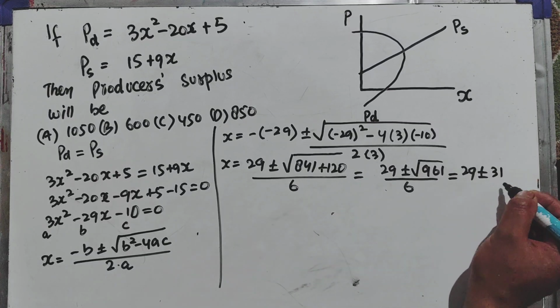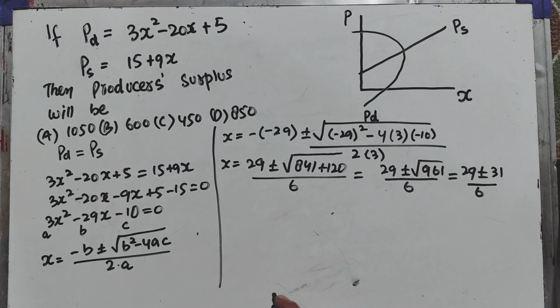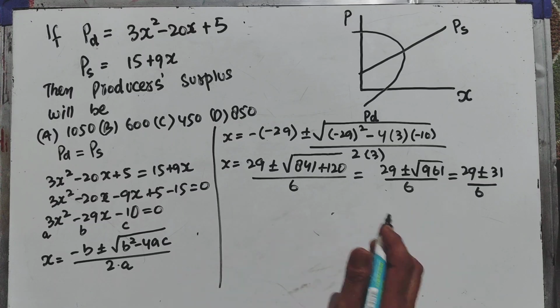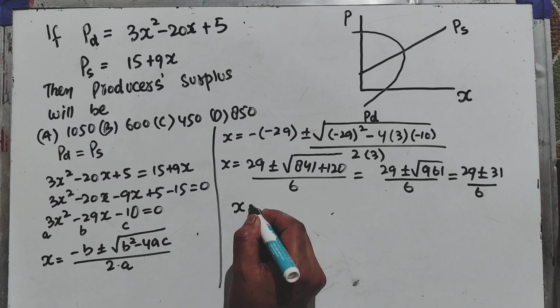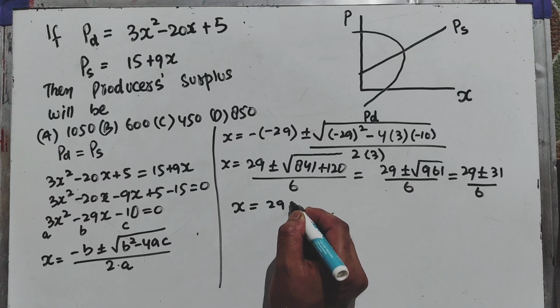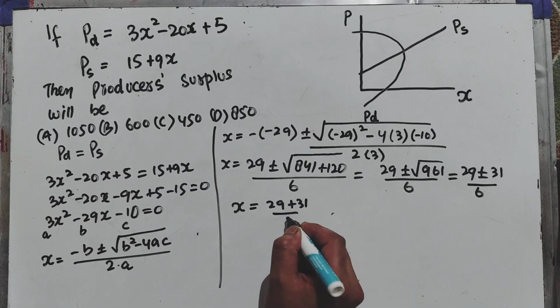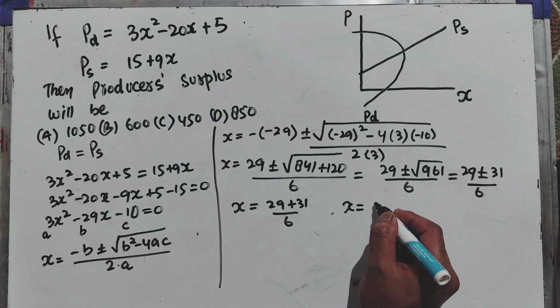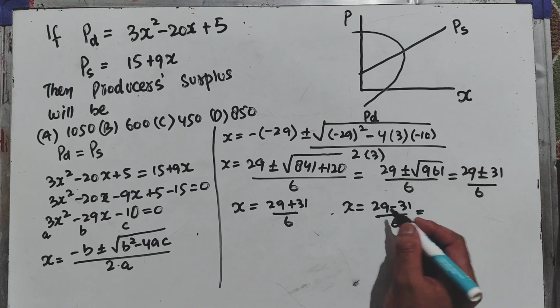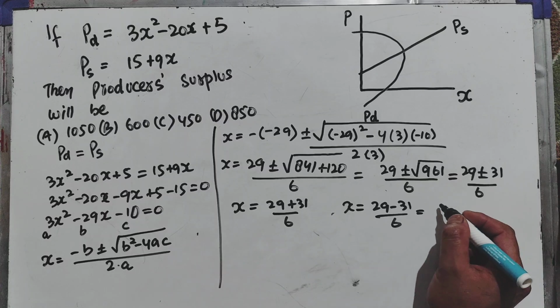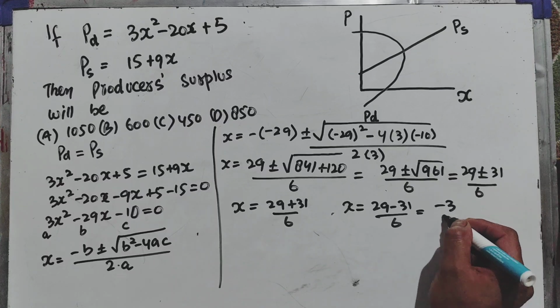So we get 31 upon 6. That gives us two values of x: either x = (29 + 31)/6, or x = (29 − 31)/6. Here we will get a negative number, 29 minus 31 is minus 2 upon 6.